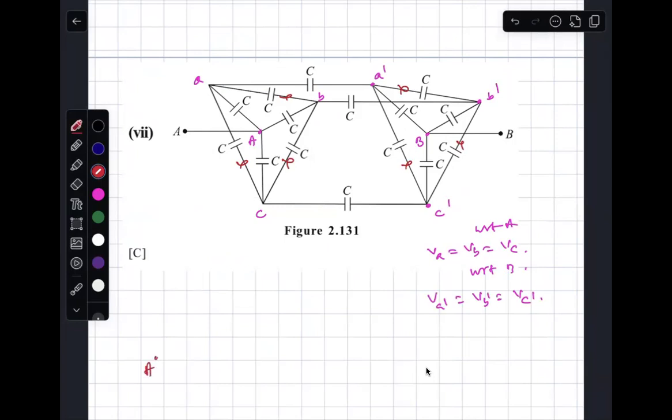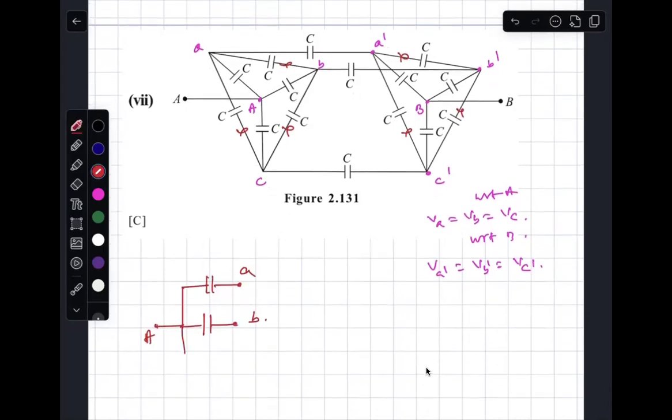A, what is your circuit finally? If this is A to A, A to B, A to C. Right. Similarly, here also you will construct A dash, B dash, C dash.